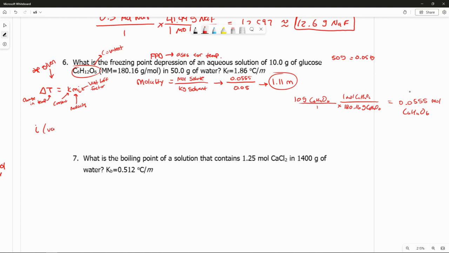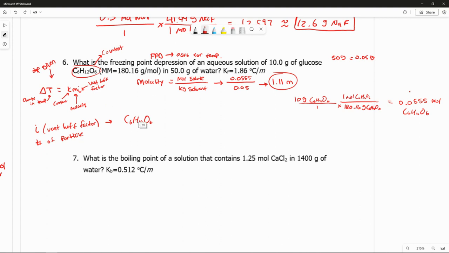Let's calculate I, though. I, we said, was the Van 't Hoff factor. The Van 't Hoff factor basically means the number of particles we have in our solute. C6H12O6 is a covalent compound because it does not have a metal in front. Covalent, if you remember, is a nonmetal plus a nonmetal, while ionic is going to be a metal plus a nonmetal.